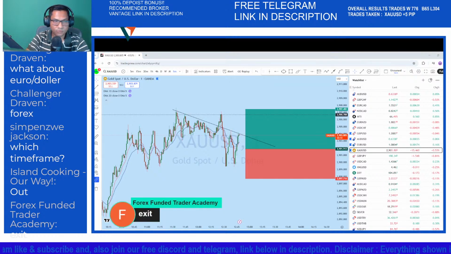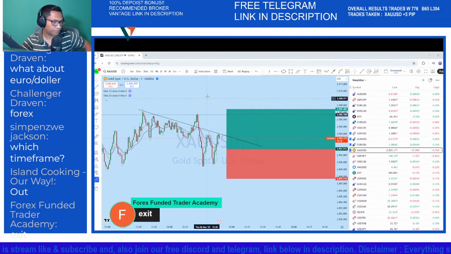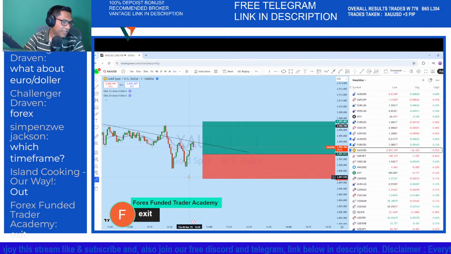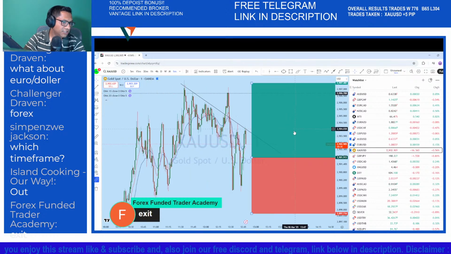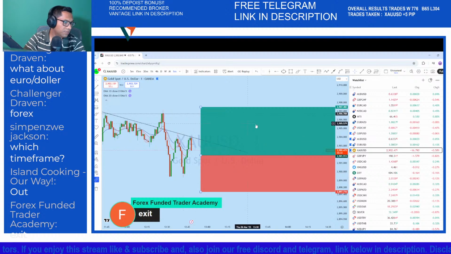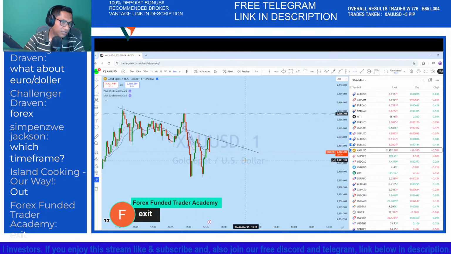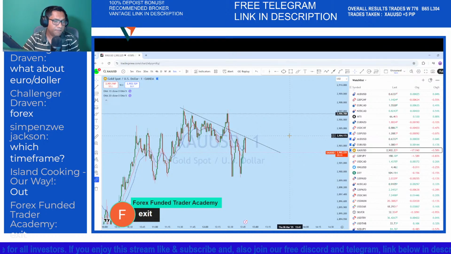Yeah, out, exit, welcome. Okay, so here is what we can see after this move. We can see that with this move, it's now a pullback. You can see that's why I'm out with the trade, because this market is not trending very aggressively.